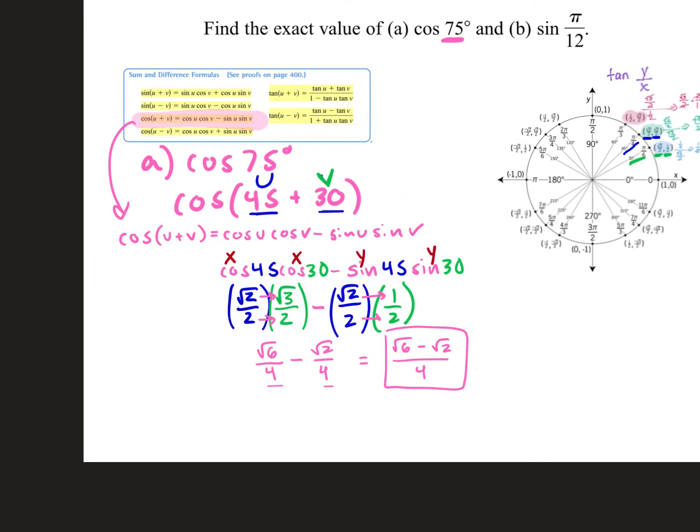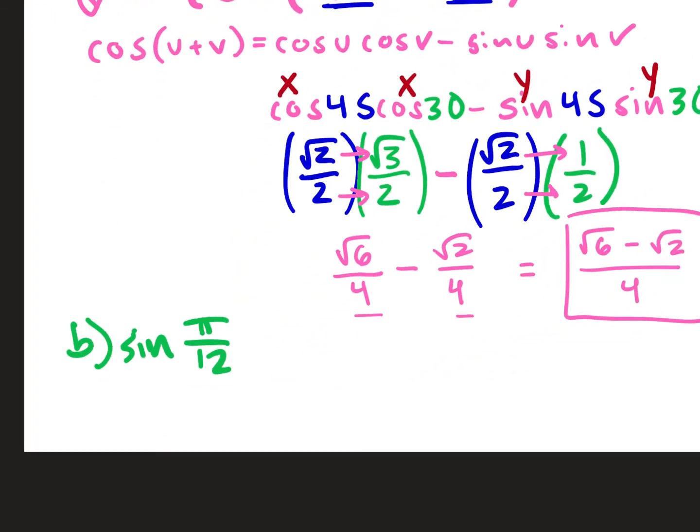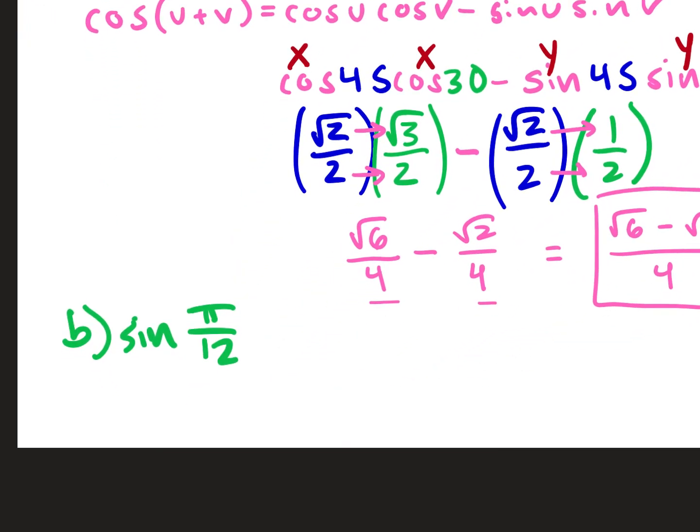All right, so 1b is sine of pi over 12. Now pi over 12 is not on the unit circle, but it's either going to be the sum of two numbers on the unit circle or the difference of two numbers on the unit circle.